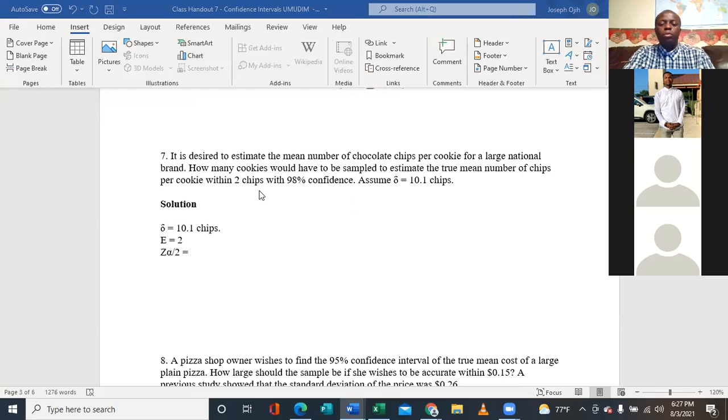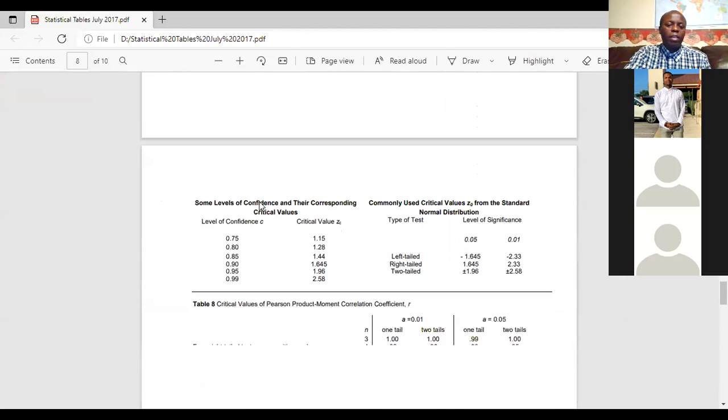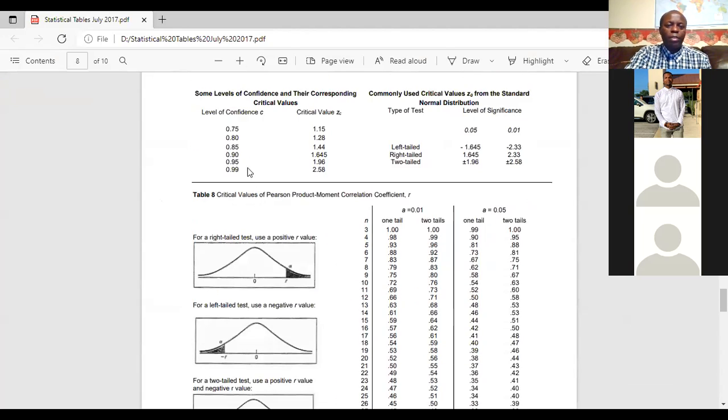Z alpha over 2, you can see it here. Oh, they don't have it for 98. They have it for 99. Okay, they don't have 98. So for 90% it is 1.65.